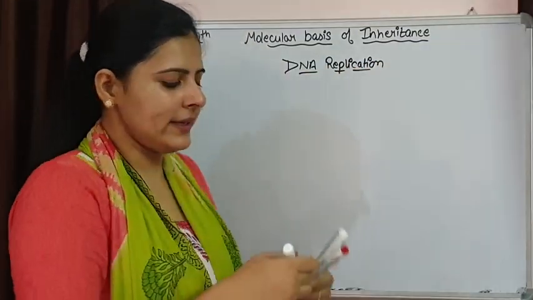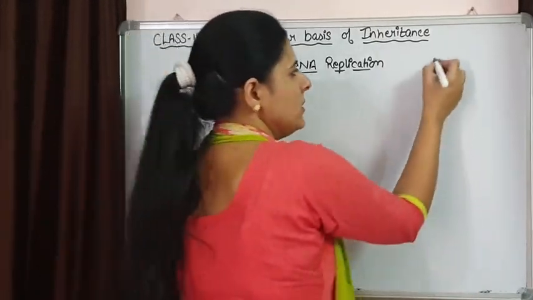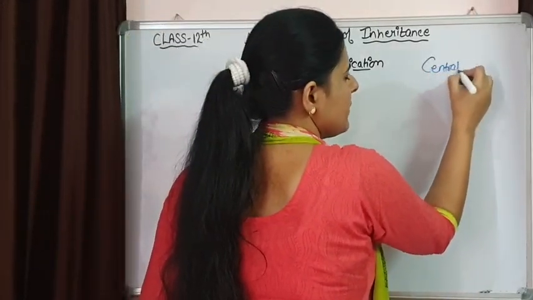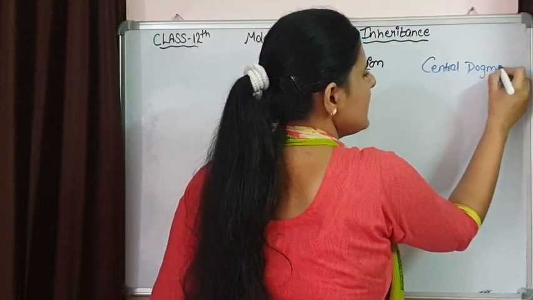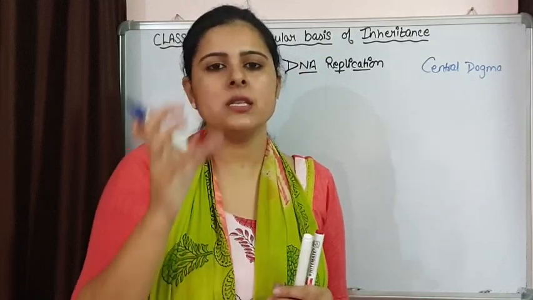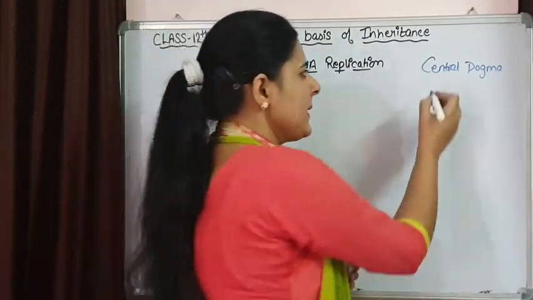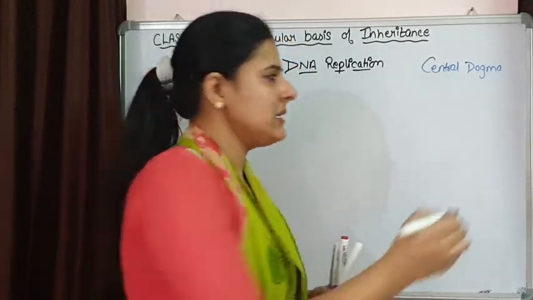Before starting DNA replication, I want to talk something about the central dogma. Because the central dogma is basically giving us the understanding of how things are happening in a sequence, how the process is taking place. See, what the central dogma is saying.